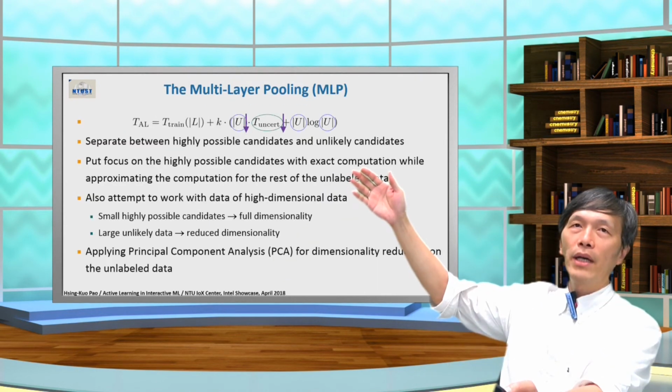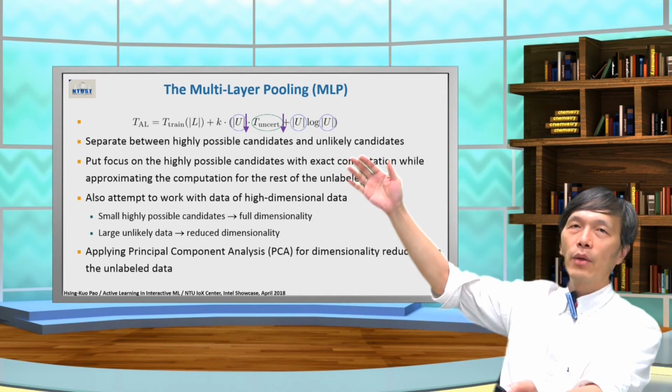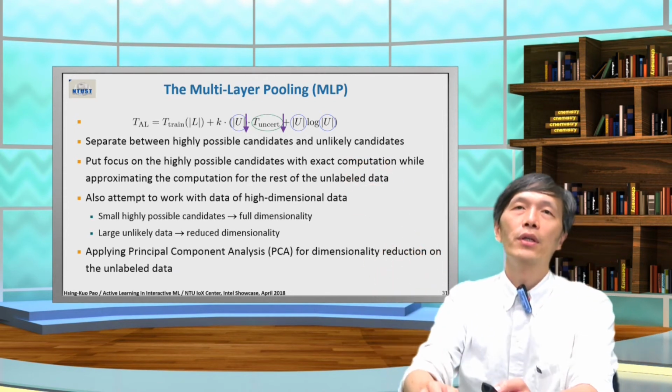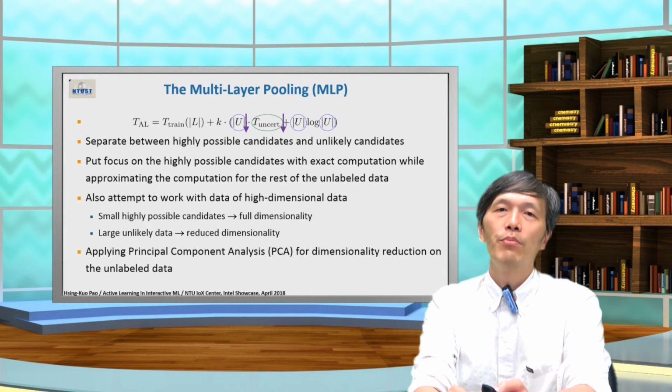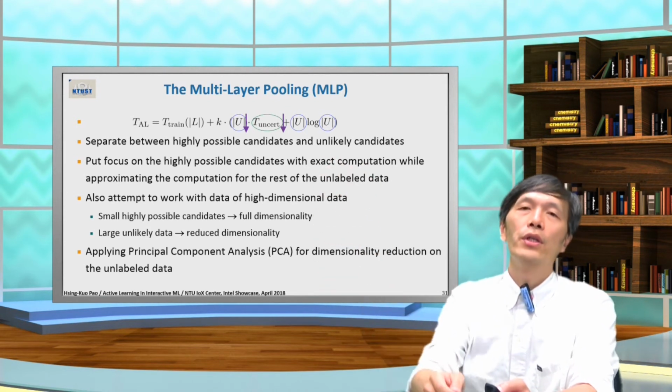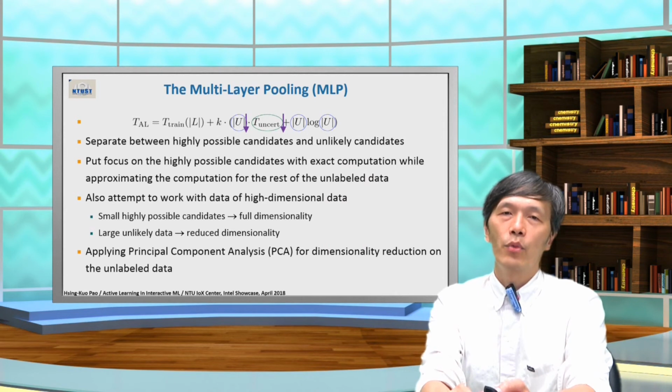Okay, so talk about multi-layer pooling. Actually, we want to make the number of unlabeled data to be considered as small as possible, meaning that if we use a hierarchical structure, then the amount of data we need to compute uncertainty for will be quite small. At the same time, we also consider the dimensionality, meaning that if there is a lot of data that we need to compute the uncertainty for, maybe we consider it in low dimensional space, so that we only consider several dimensions and the computation will be easy.